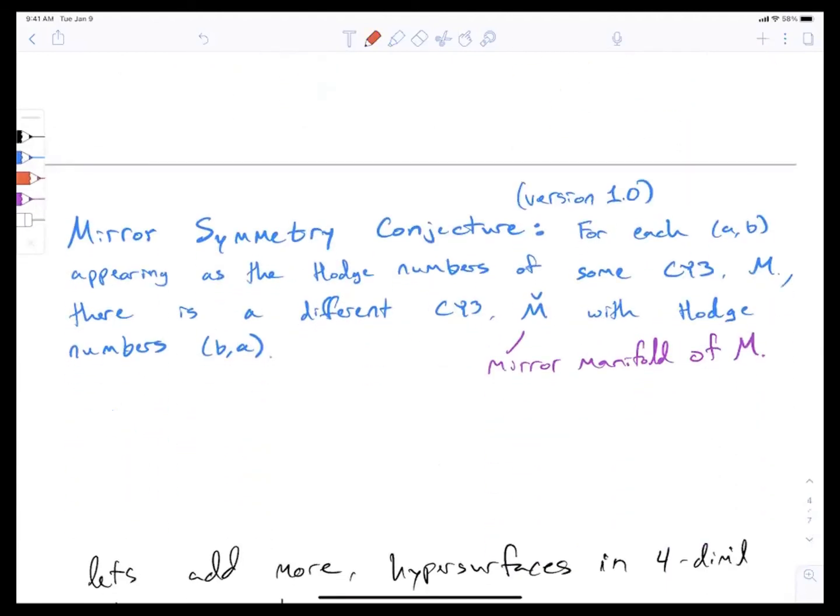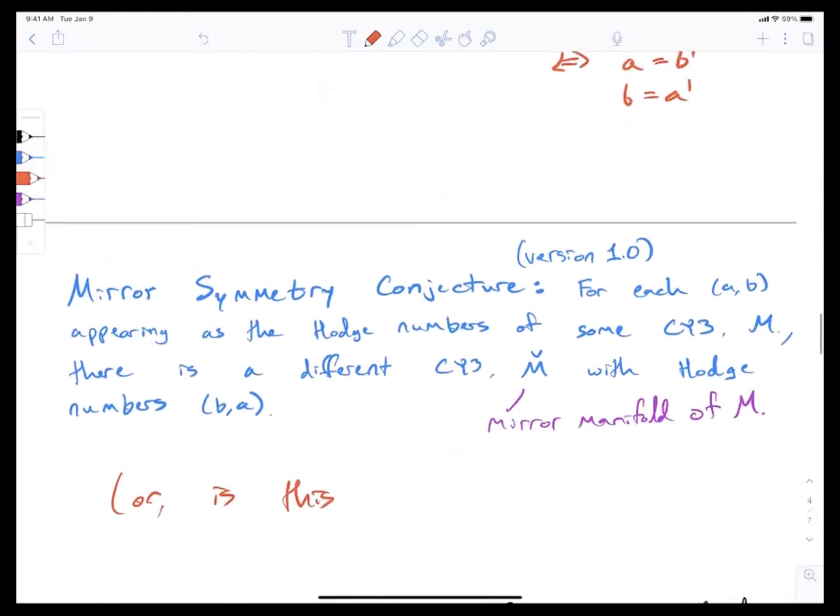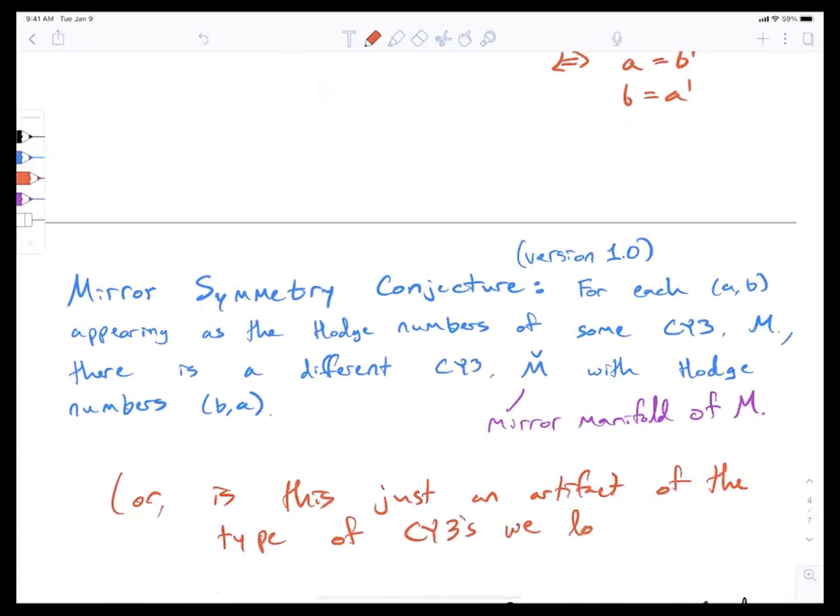But again, you could ask, is this just because of how we chose our Calabi-Yau threefolds? Is it just because we looked at certain specific ones?